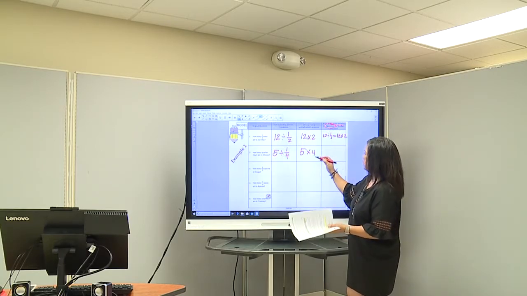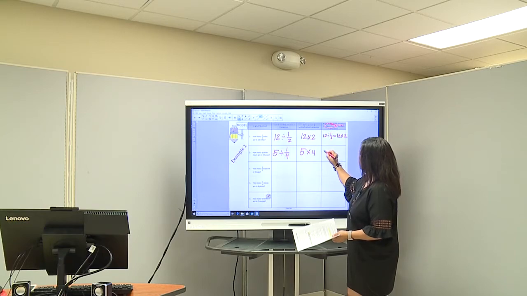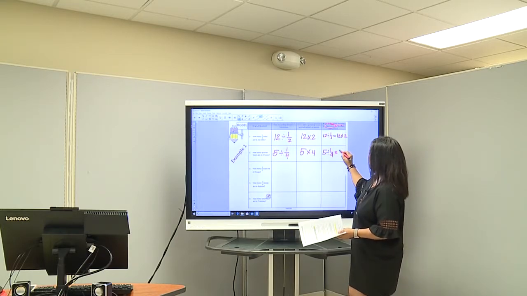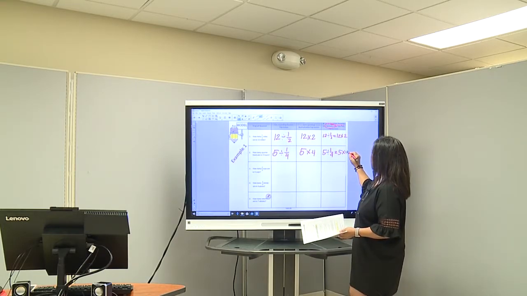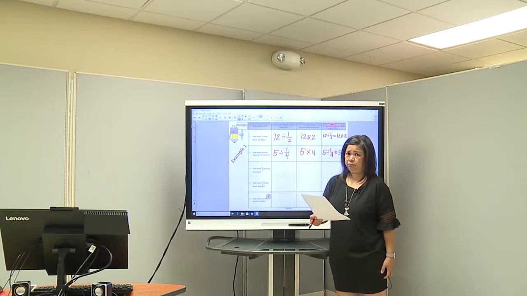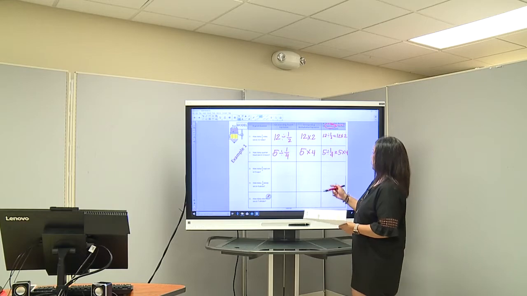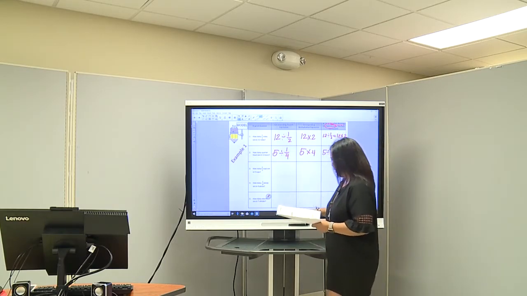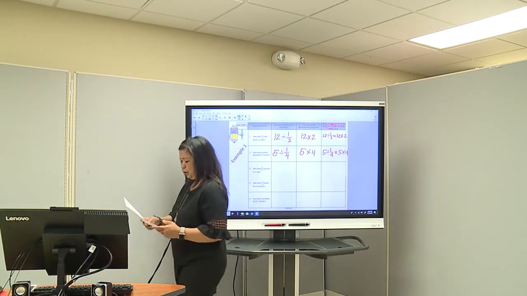So the equivalence of the two expressions, 5 divided by 1/4 is the same as or equal to 5 times 4. Now to prove that, 5 times 1/4 is what? Yes, you're right, 20. And 5 times 4, it's 20. So they are equivalent. And then that is what you are asked to do.